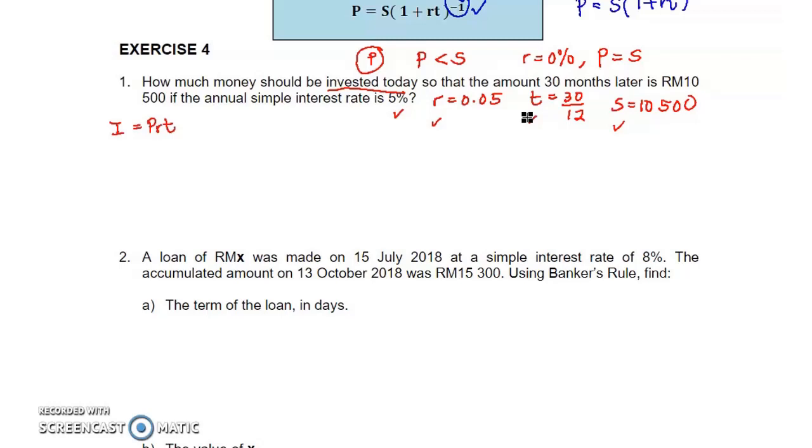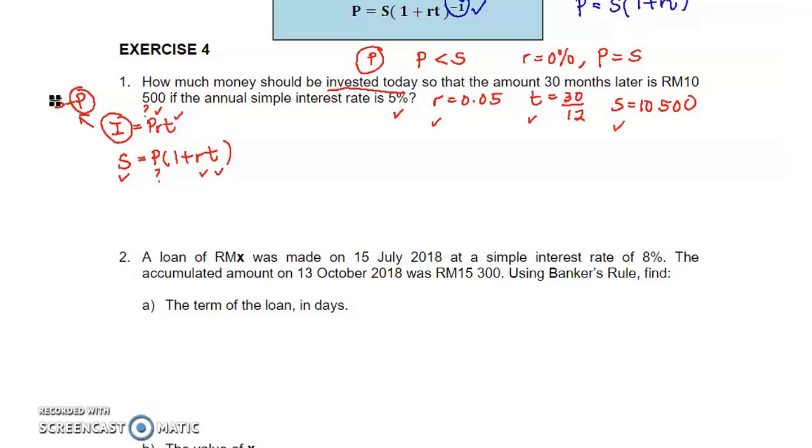You check: you want to find P, we have R, we have T, but we don't have I. If you want to use this formula, I equals S minus P, but in this case we want to find P. Look at another formula, S equals P(1 plus RT). We want to find P here, and we have S, we have R, we have T.